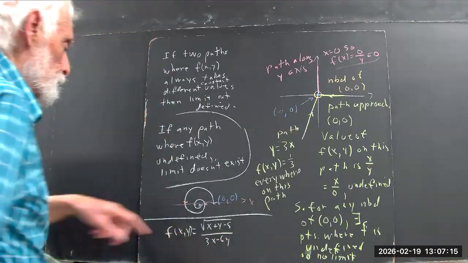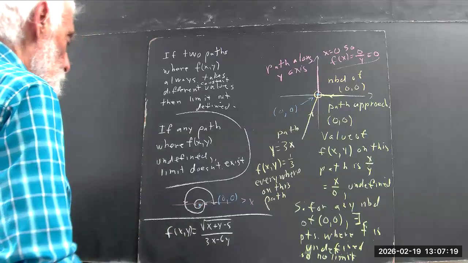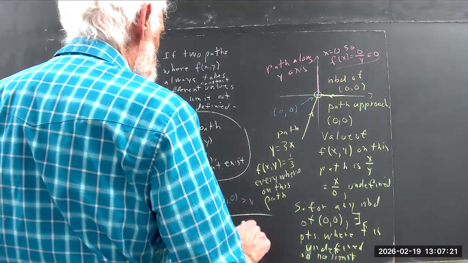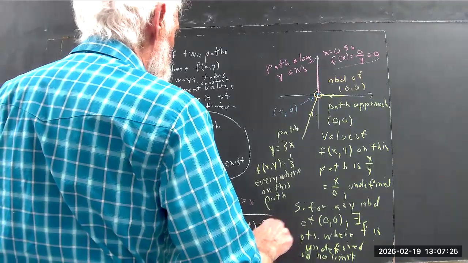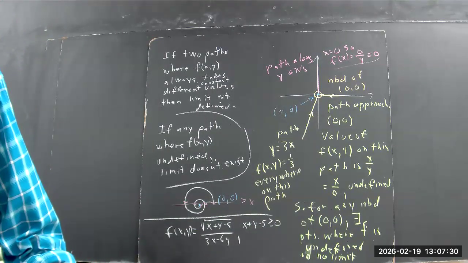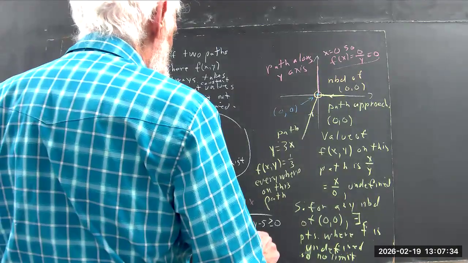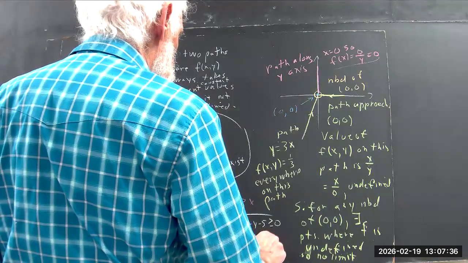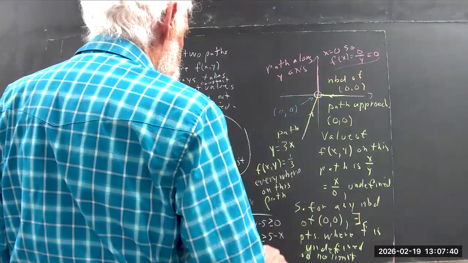If f of x, y is the square root of x plus y minus 5 over 3x minus 6y, x plus y minus 5 has to be greater than or equal to 0, right? Because it's under the radical. So y has to be greater than or equal to 5 minus x.